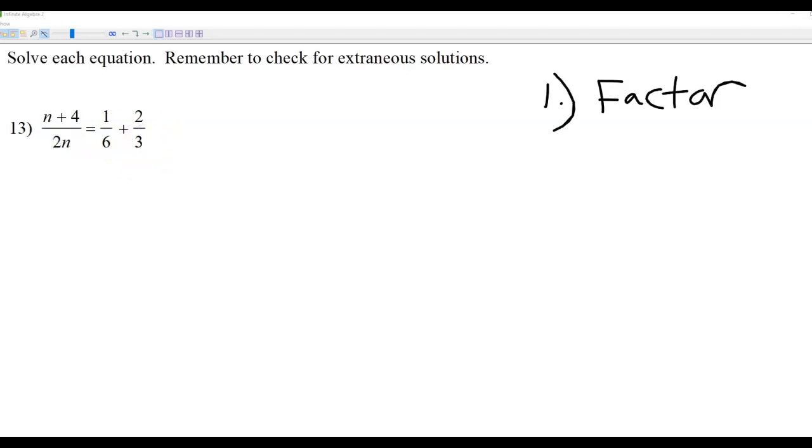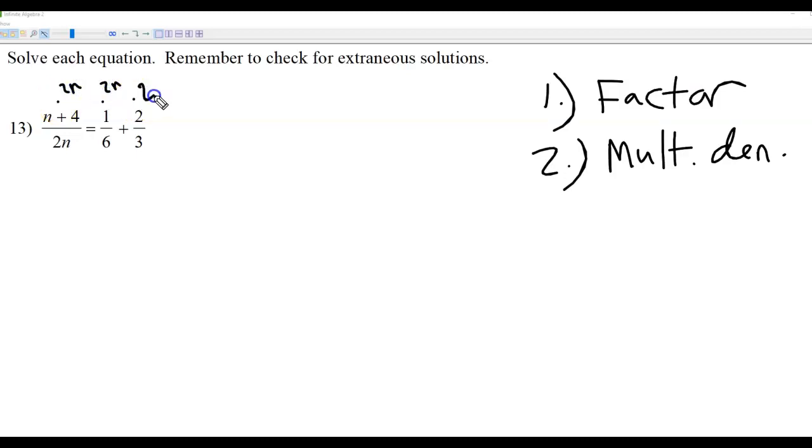So we won't be doing step 1 on this particular problem. Step 2, however, we will be doing, and what you do on step 2 is you multiply the denominators all the way across. So what do I mean by that? I'm going to multiply all 3 fractions by the denominators. So one of my denominators is 2n, so I'm going to multiply everything by 2n.